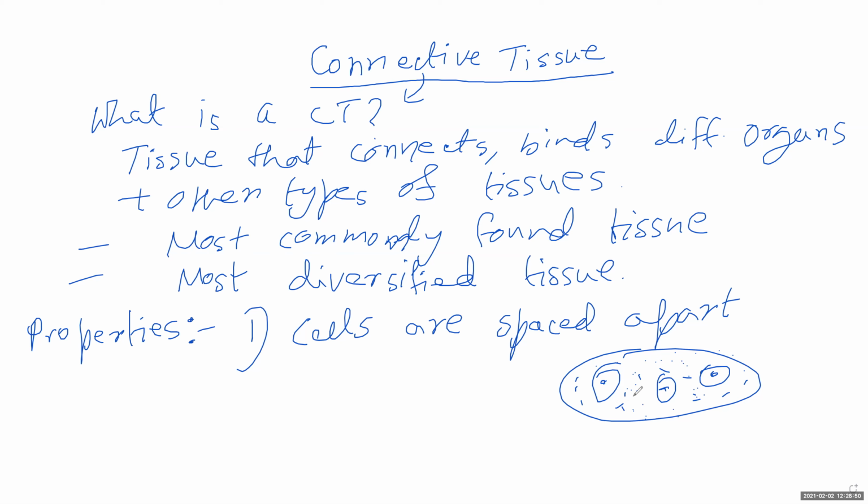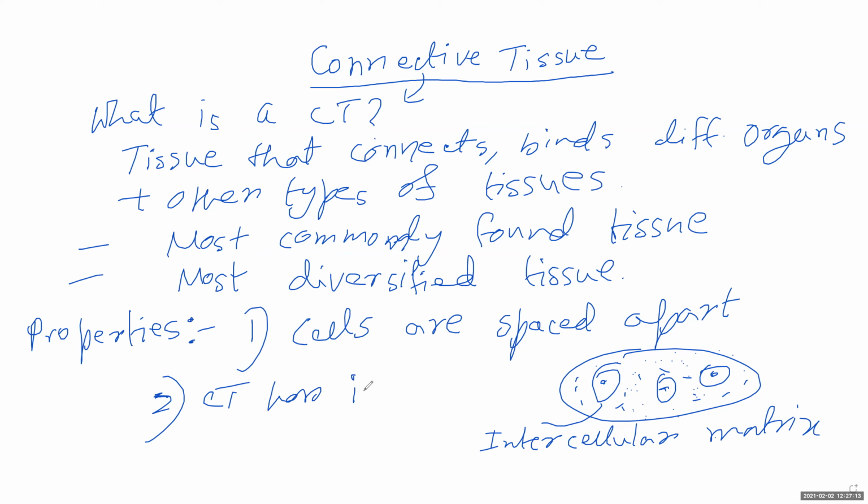So the substance that's present between the cells, we refer to that substance as intercellular matrix. So the second property of connective tissue is that connective tissue has intercellular matrix.